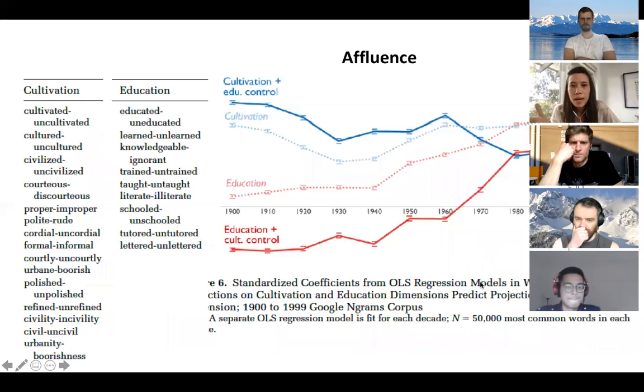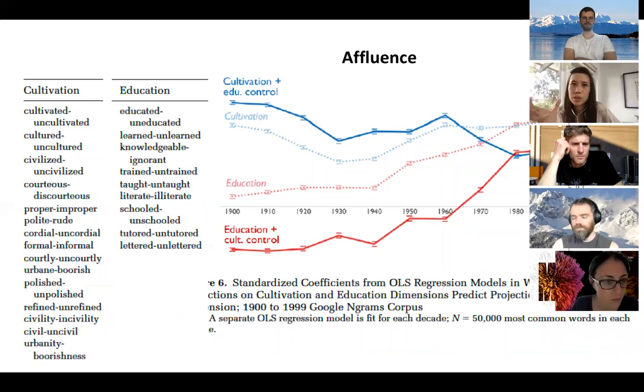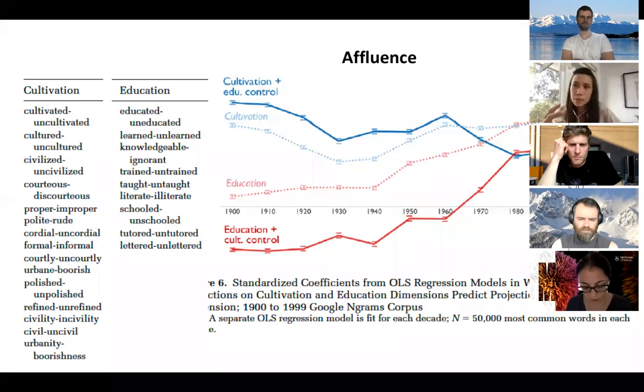They then argue that it might be possible that the evolution between affluence and education is mediated to some extent by notions of cultivation. You can see that cultivation is defined by these sorts of antonym word pairs. At one end, you've got things like cultured, polite, civil. On the other end, you've got uncultured, rude, and uncivil.